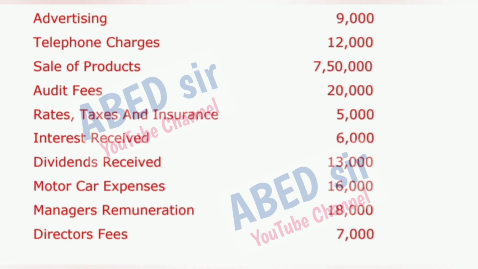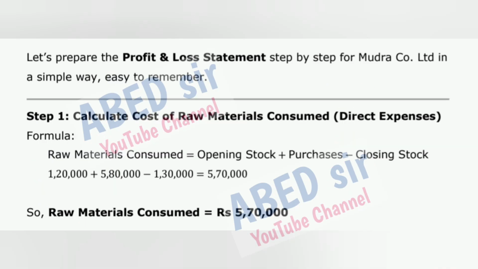Rates, taxes and insurance 5,000. Interest received 6,000. Dividends received 13,000. Motor car expenses 16,000. Manager's remuneration 18,000. Directors' fees 7,000.